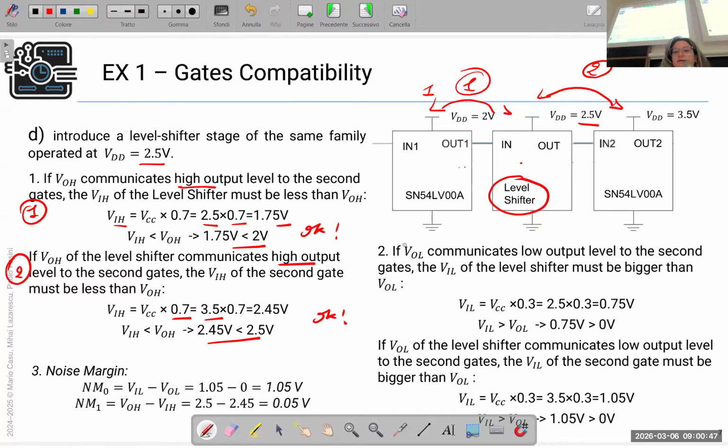Let's see now at the low level. Here we see that we have to do 0.3 and it's 0.75. So 0.75 is major than 0 volt, so that's fine. Now in the second case, it's as before, we have VCC multiplied by 0.3, which is major than 0 volt, so it is correct.